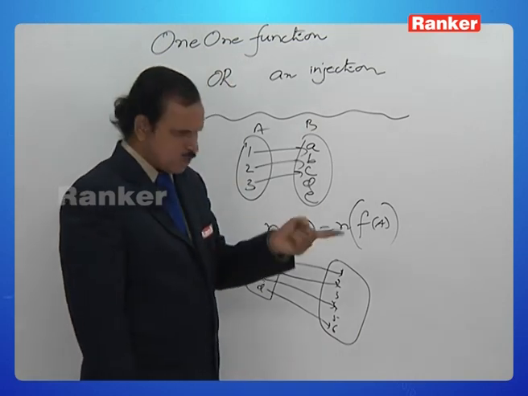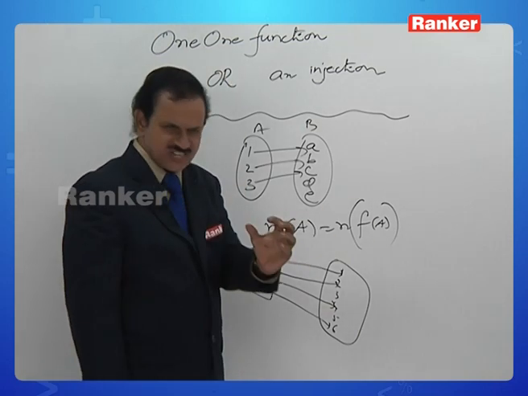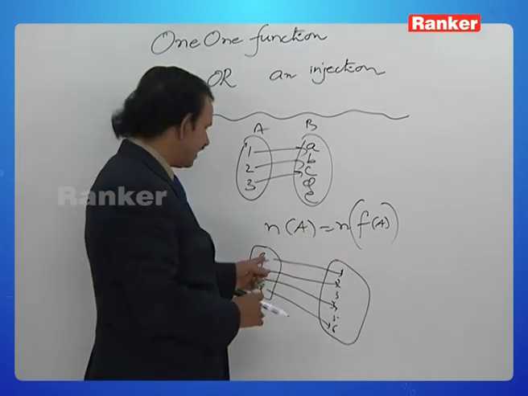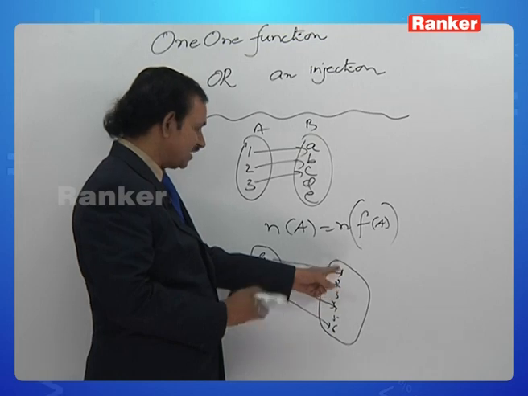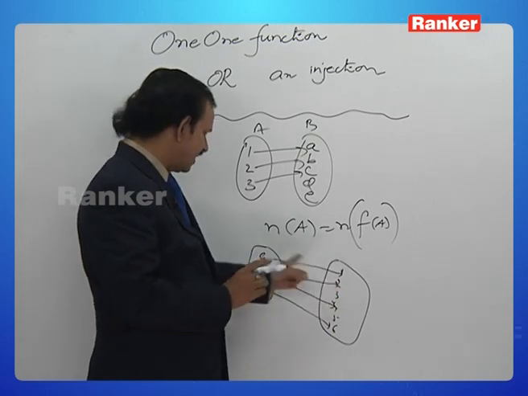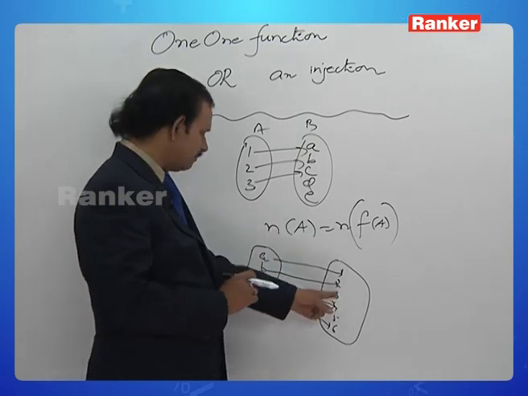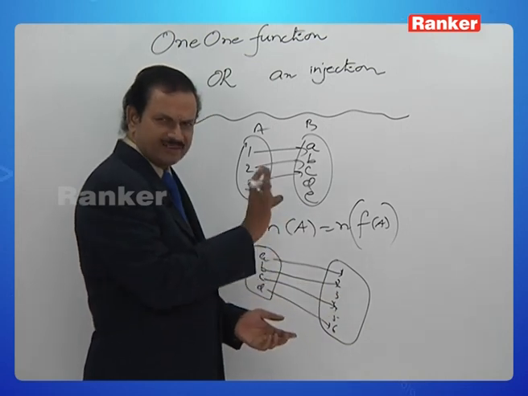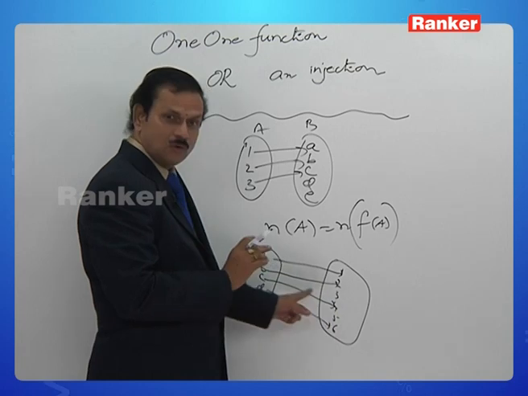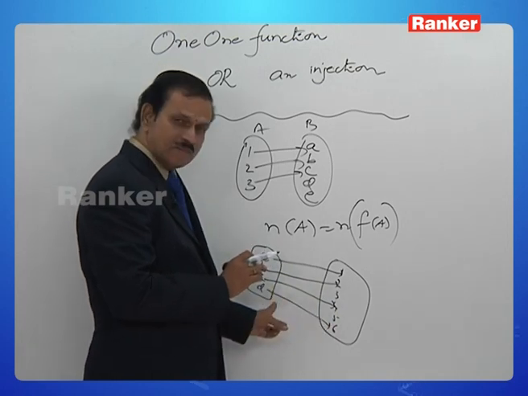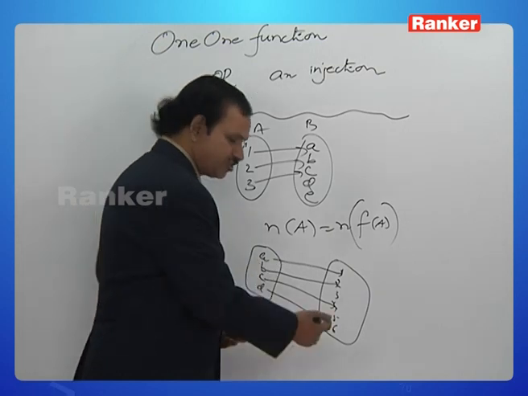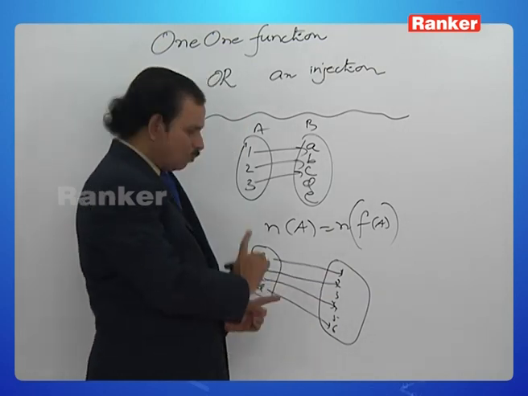What do you mean by 1-1? 1 to 1. Either in this direction or in this direction. What I mean to say is, this element has one image. This element has one pre-image. This element has only one pre-image. This element, let it be like that. It has no pre-image. I don't bother about it. Look here. This has one pre-image. This has one pre-image. One image, one pre-image. So in this direction and that direction also 1 to 1.